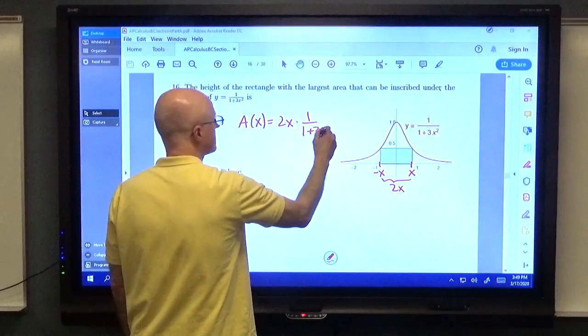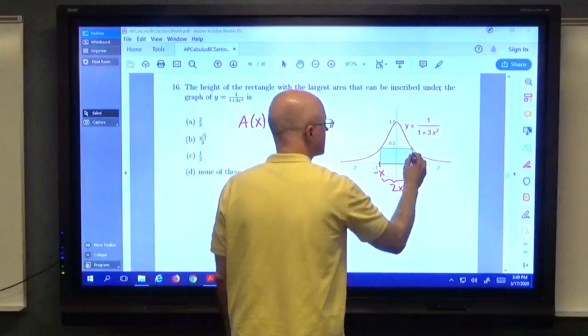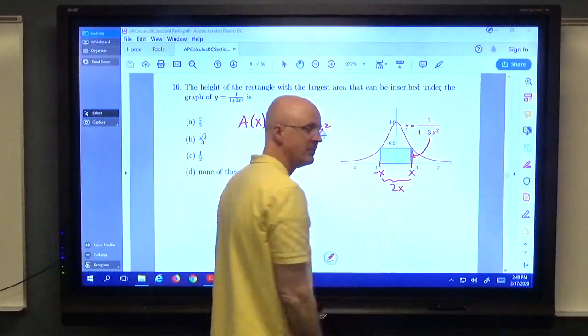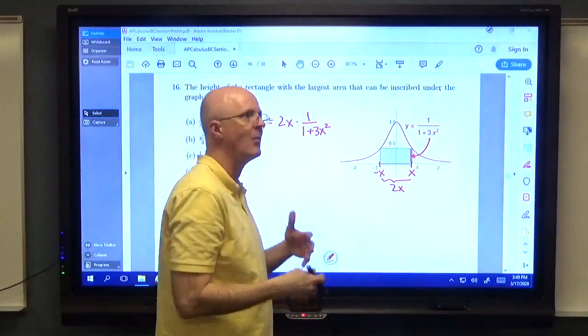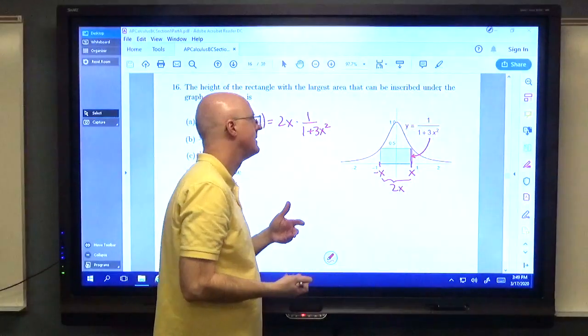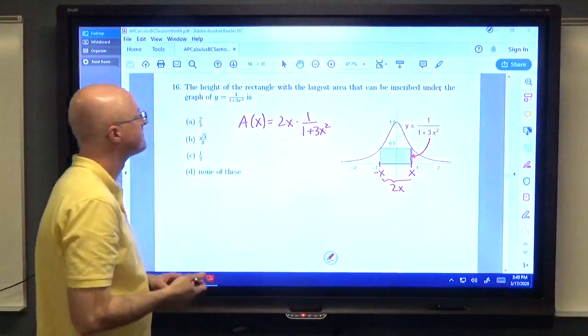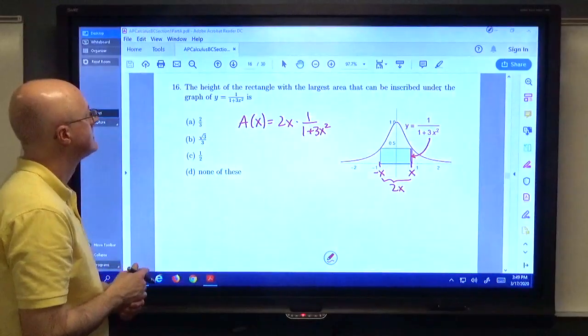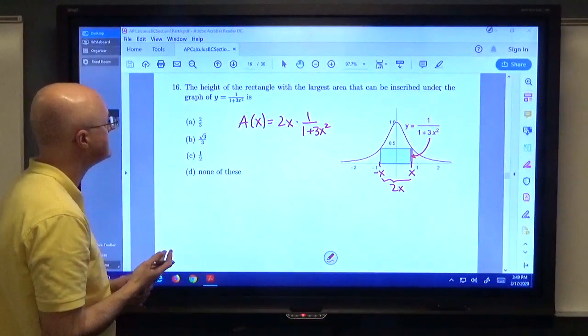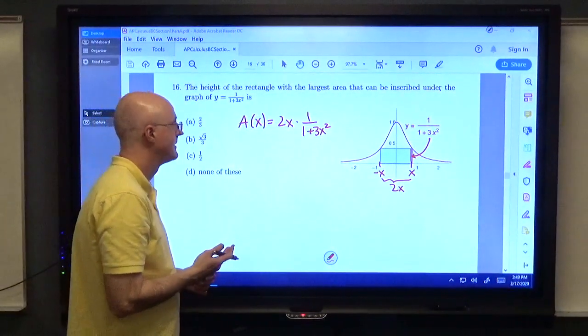In general, at a general value of x, that's what this height is actually. So this is the function here that we need to now maximize.